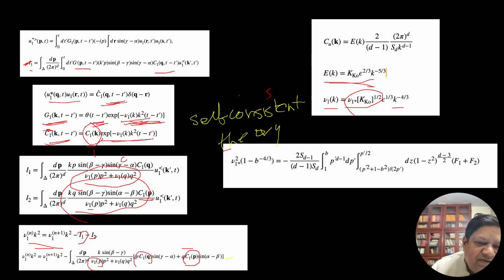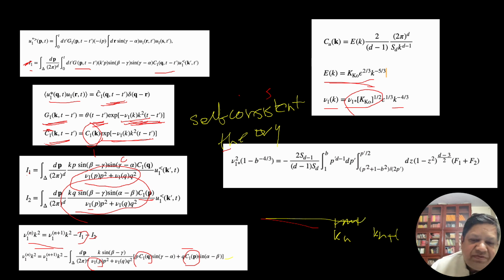So remember, our integral is kn to kn plus 1, right? So it is kn to kn plus 1, this region only.